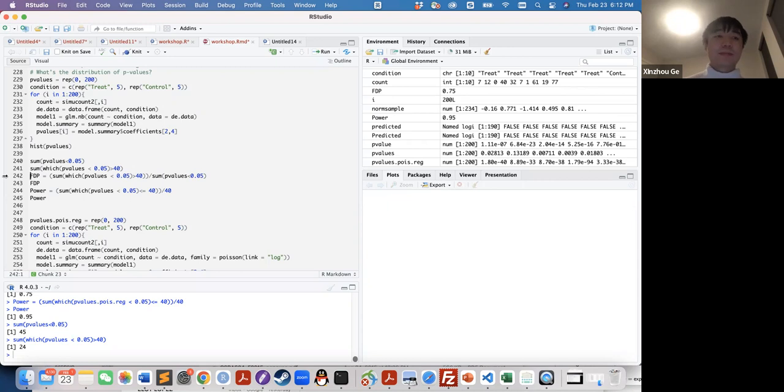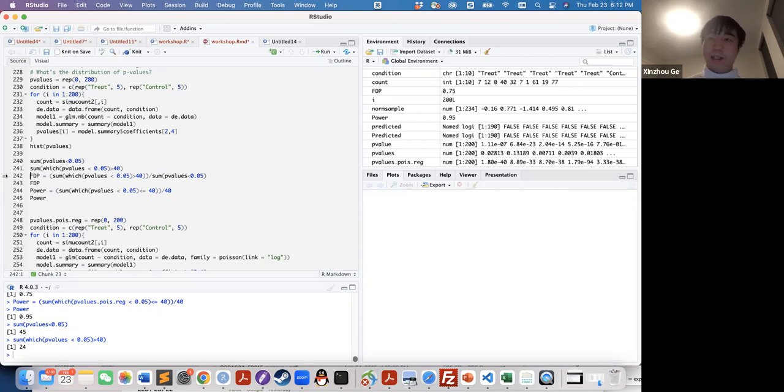That's why we should always be careful when using the negative binomial model, because whenever we use it, we have the risk of model misspecification, and we may have an inflated number of false discoveries.